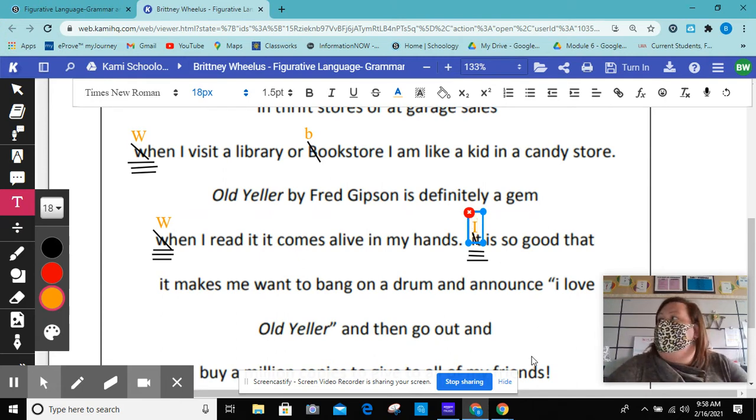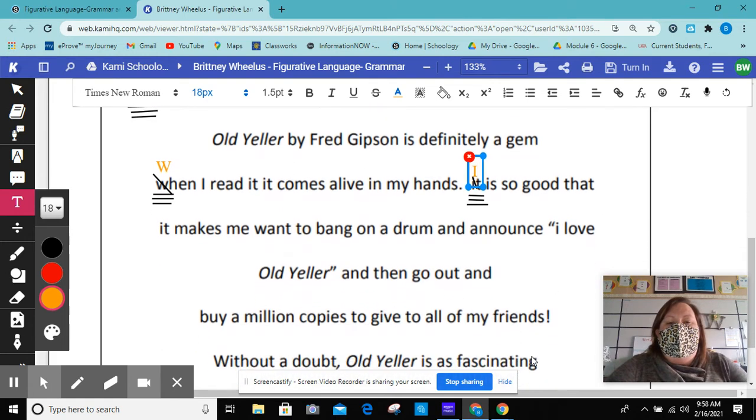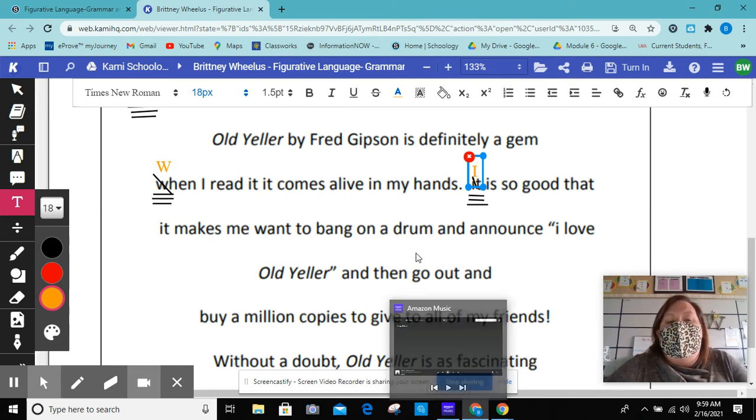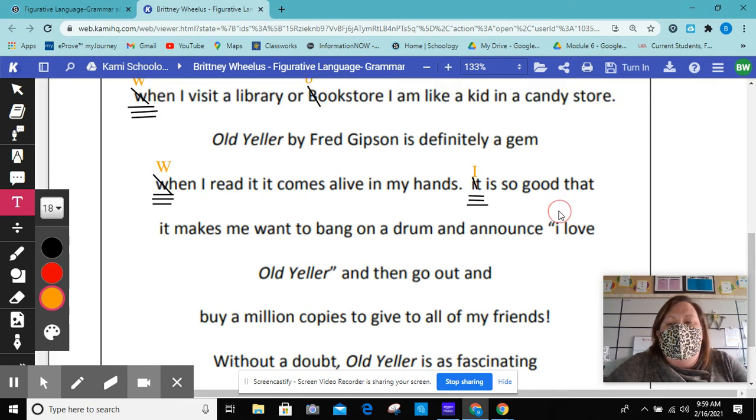It makes me want to bang on a drum and announce I love Old Yeller. Is there anything else here that needs to be capitalized? The I in I love. Good.